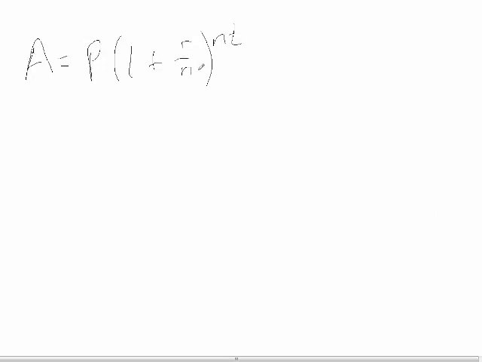So for example, here we've got rate over number of compounding periods. This is the formula for compounding. Here's the continuous compounding with the e. Knowing that in ordinary annuities, your deposits occur at the end of a time period, and for annuity due, you've got payments at the beginning.